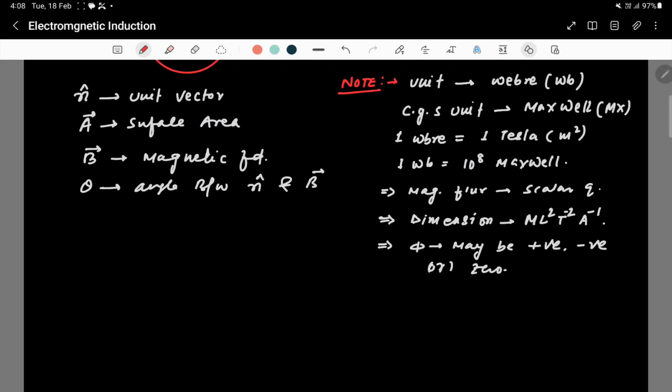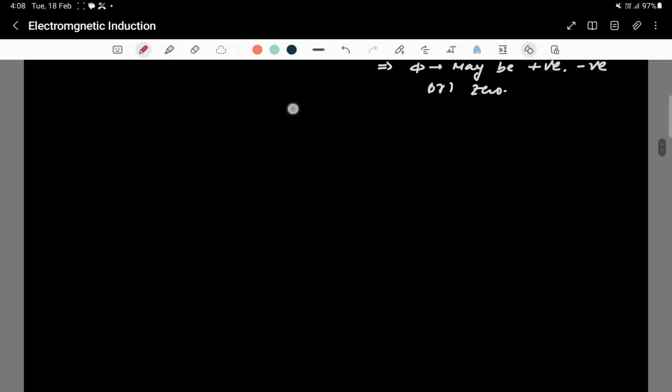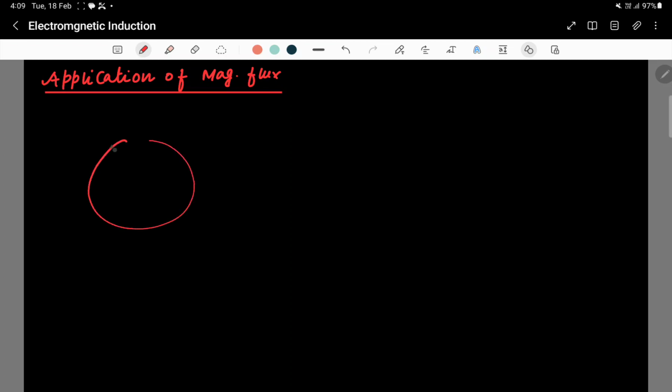Now the application of magnetic flux. See, suppose this one is a rectangular coil.